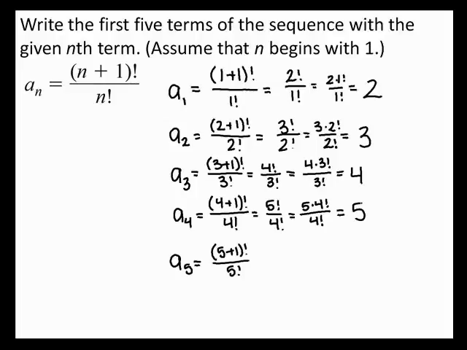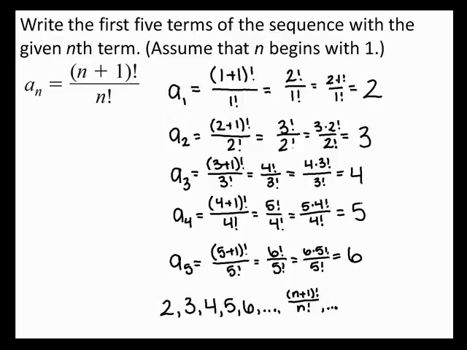Simplify 5 plus 1. Factor 6 factorial into 6 times 5 factorial. Simplify 6 times 5 factorial divided by 5 factorial. You find that a sub 5 is equal to 6. The first 5 terms of the sequence are 2, 3, 4, 5, and 6.